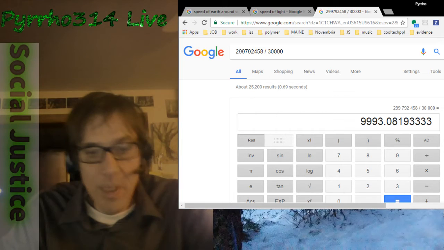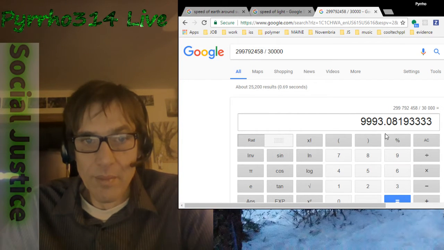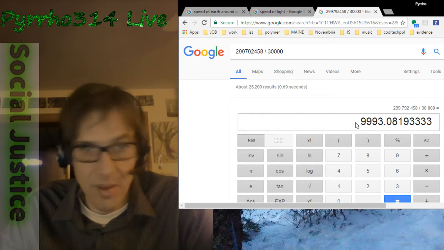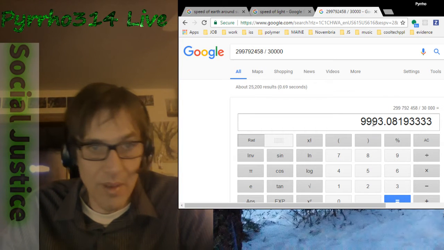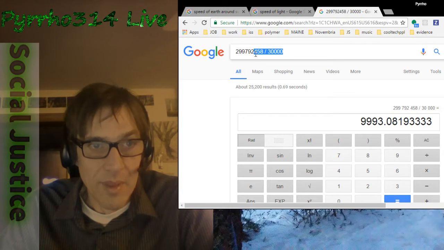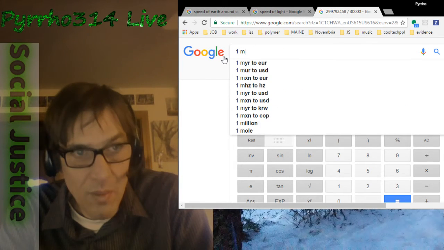Now that's the speed of the Earth around the Sun. Lots of ways to measure that. Lots of ways to just measure the circumference of our orbit and divide by the year. So 1/10,000th. So a mile, 1 mile in feet.